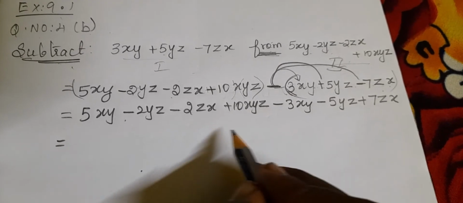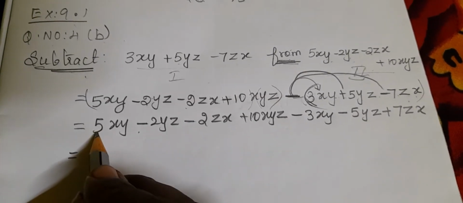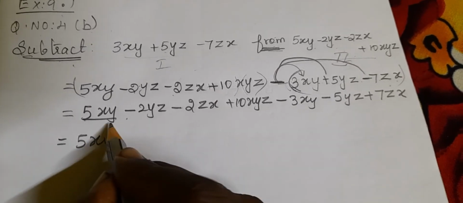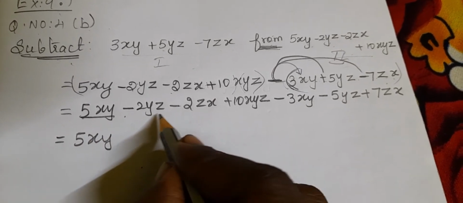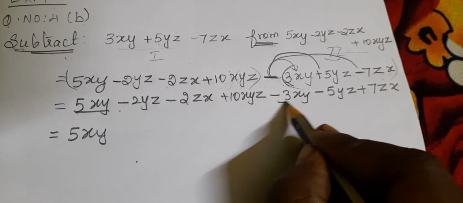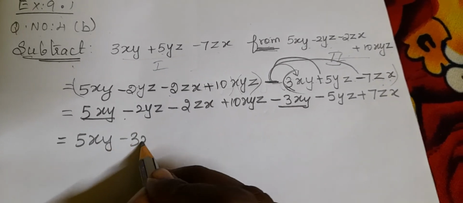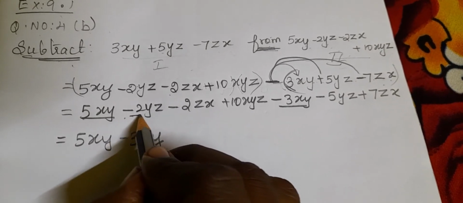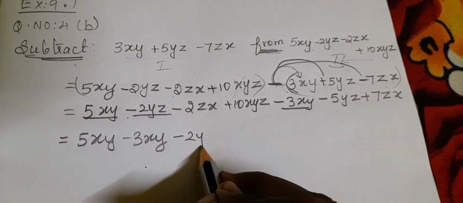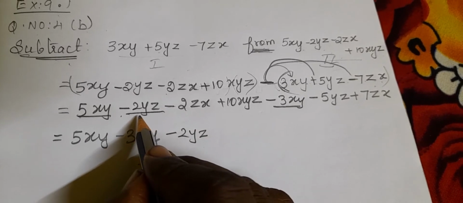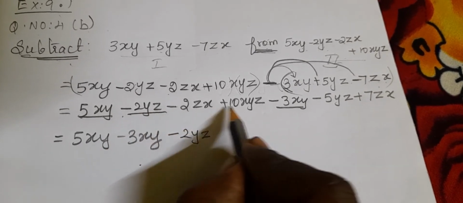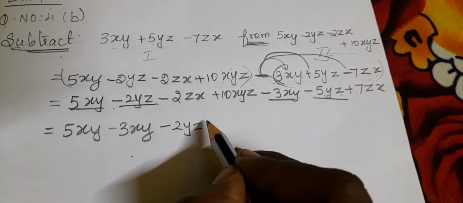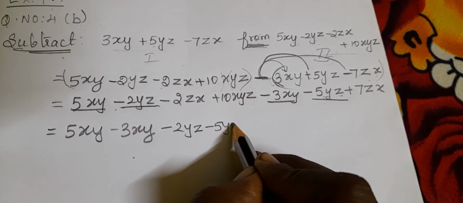Now let us gather the like terms alone. It is 5xy. Just search xy terms alone. Yes, minus 3xy. Next we will write minus 2yz. Let us search the yz term. This is a yz term, minus 5yz.